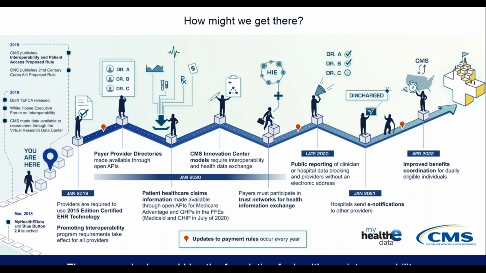On your screen, we have a roadmap of the different proposals in this rule, where they're effective and where we've come from, what some of the events were leading up to this proposed rule. I'm going to walk through the proposals. There are 5 for health plans and payers, and then there are 3 additional proposals for providers, and then there are several RFIs. So bear with me as I go through these quickly, and then we'll open it up for questions.